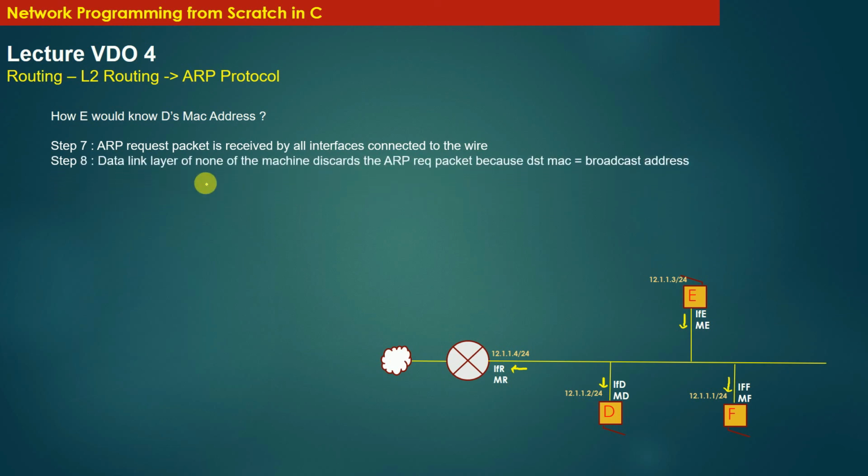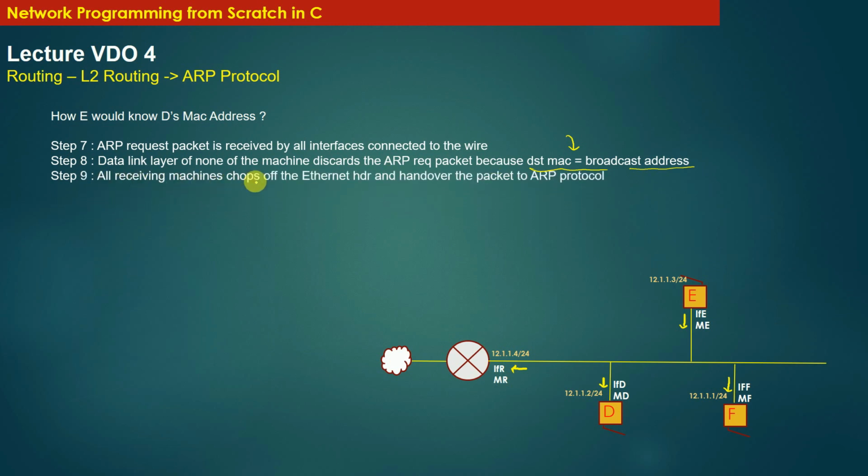Right? So the data link layer of none of the machines which receive this ARP request packet discards it, because the destination MAC address is equal to the broadcast address. So when this condition happens, the data link layer of none of the receiving machines discards the packet. That is, the data link layer accepts the packet.